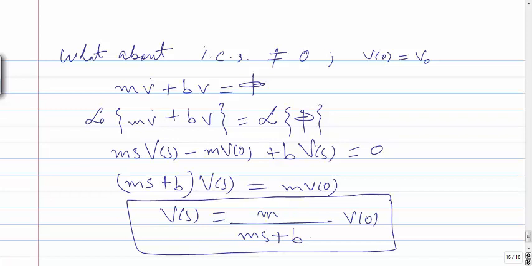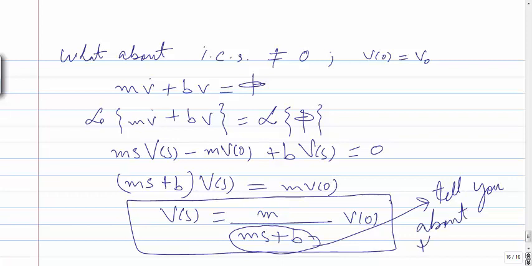So actually if you look at this one, this tells you about the modes of the system.